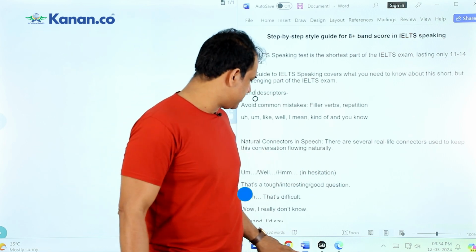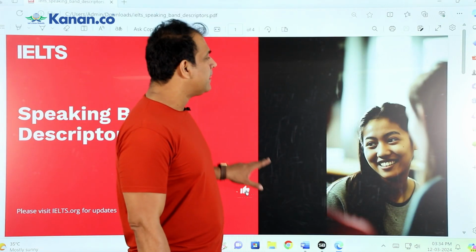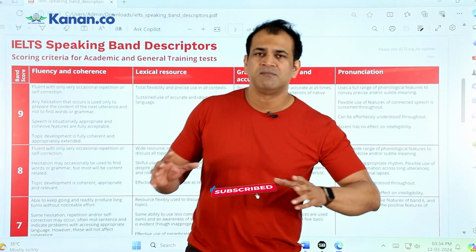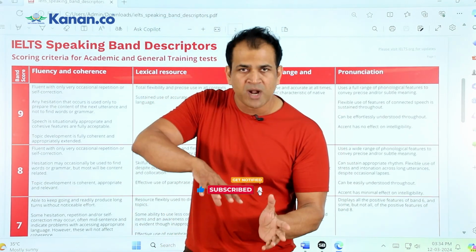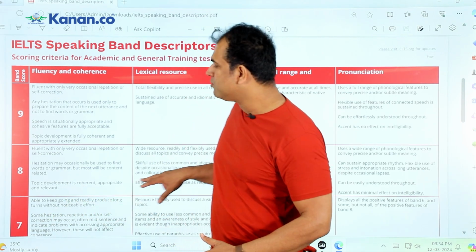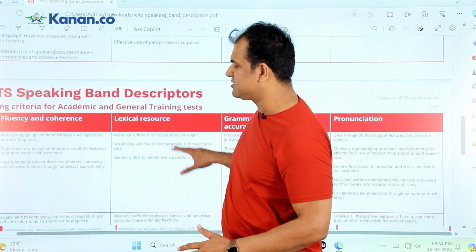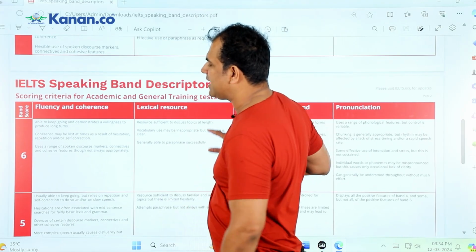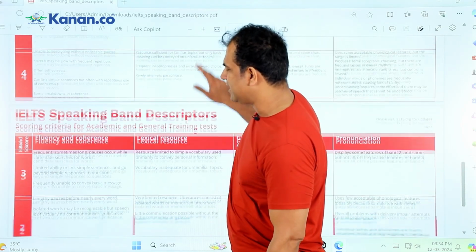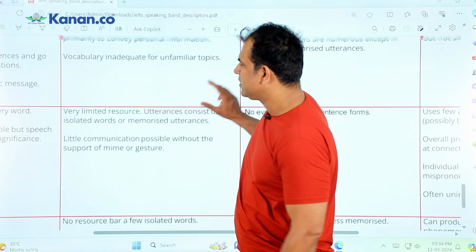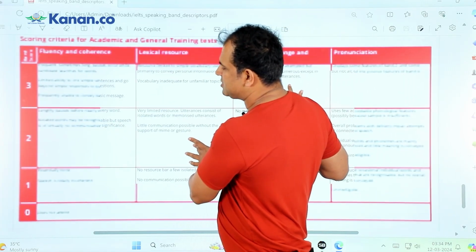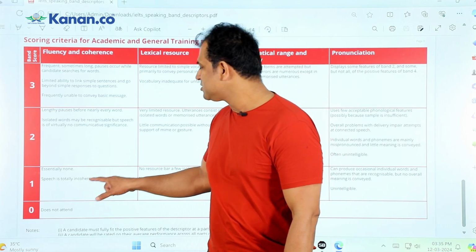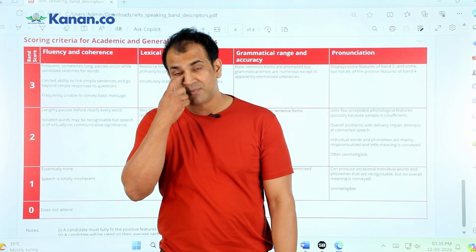Let's get into band descriptors. As I previously told you, the band is between 1 to 9. Band 1 is as good as not attended at all. In band 1, they would specifically mention speech is totally incoherent.